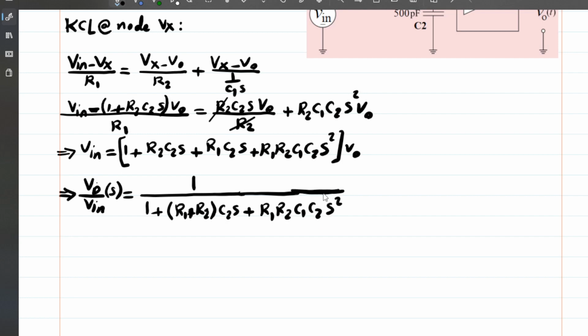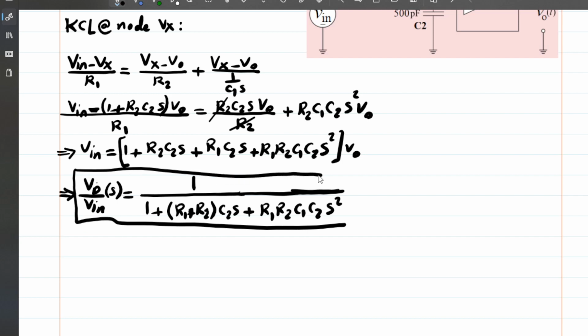That's it. This is my transfer function from input to output in the s domain. I'm going to highlight this. This is effectively H(s), the transfer function for this second order analog filter using one op amp.